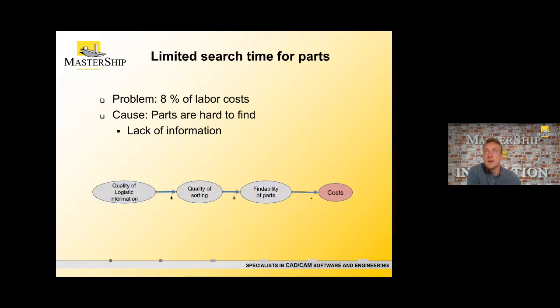So again, in the diagram from left to right, if you have a high quality of logistic information on your parts, then you can sort your parts in a very clear and organized way. And if you have all those organized stacks of your parts, it's easy to find your parts. And if it's easy to find your parts, you will have less cost wasted on searching for parts.